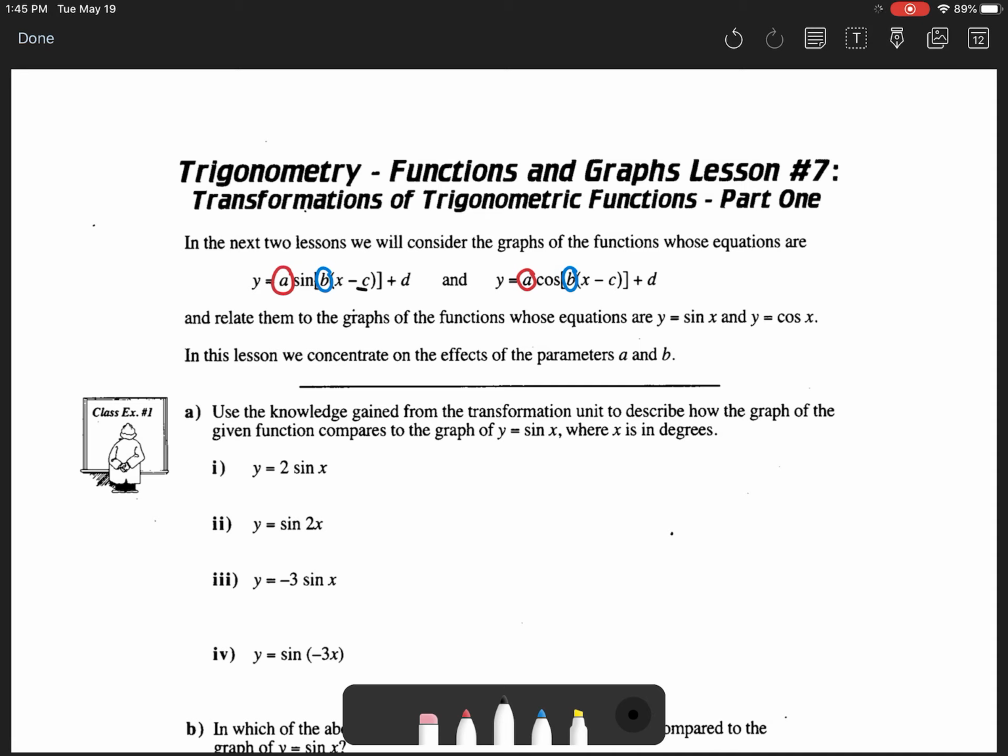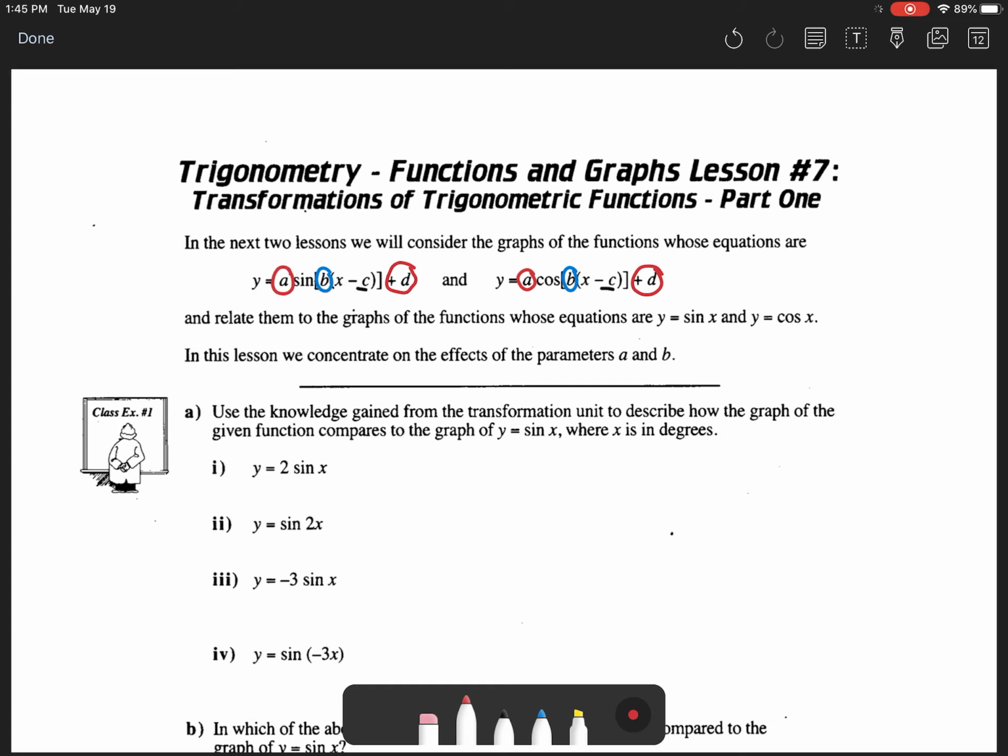Then you have a c value, which will be your horizontal translation. And then you have a d value, which will be a vertical translation. Those parameters that we've seen before in other chapters with other functions apply the exact same way to the sine and cosine functions.